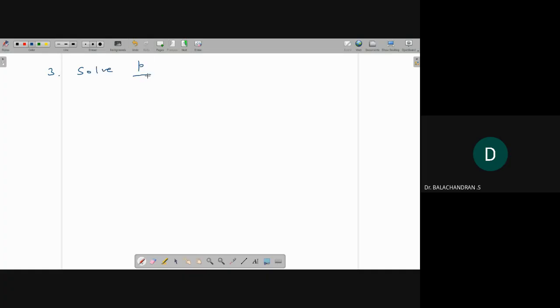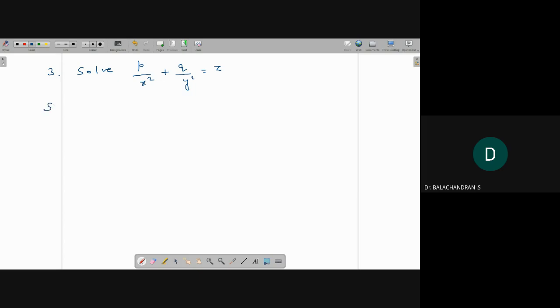The problem is p by x square plus q by y square is equal to z. First, how should I write this?